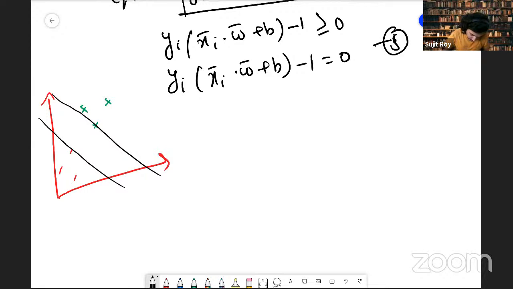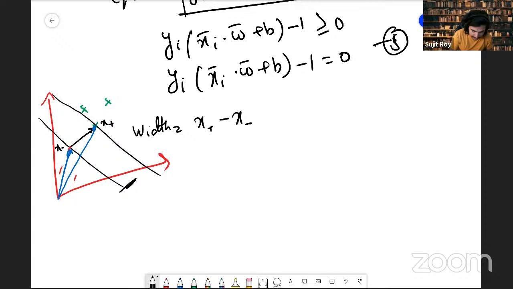From the origin, there is a projection you will be doing here and here, for the negative sample. If I want to find the difference between them, say this is x negative and this is x positive, I just find x positive minus x negative sample. This will be your width.